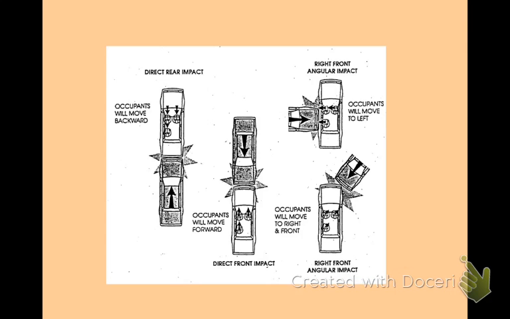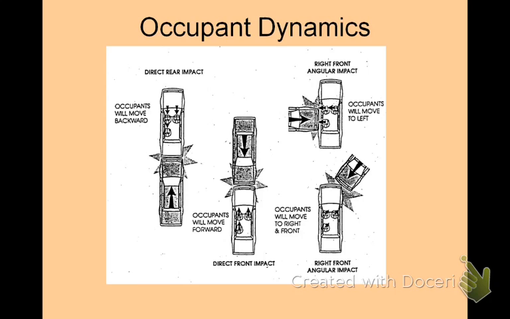Here are some other occupant dynamics drawings. So again, here, in a direct rear impact, occupants are thrown back into their seats towards the point of impact. Head-on collision, occupants will be thrown forward.